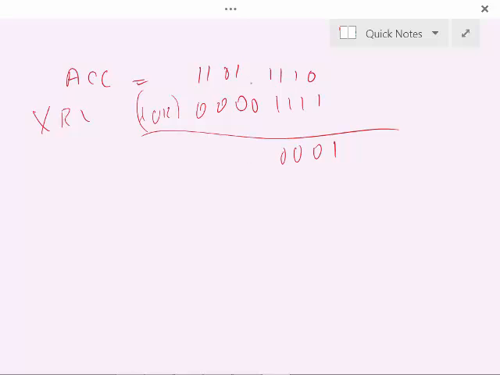And 0 and 1 is going to be 1. 0 and 0 is 0. 0 and 1 is still 1. And 1 and 0 is still 1.